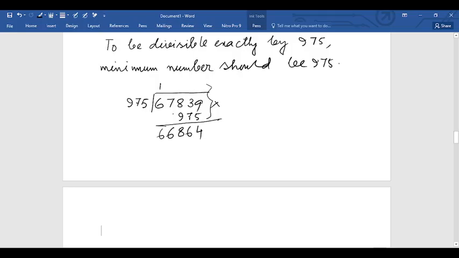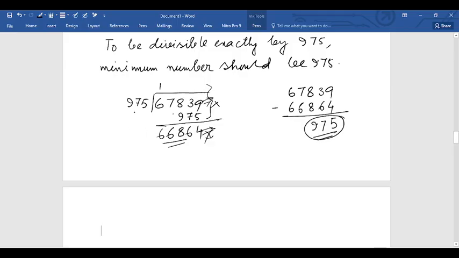If you take away 975 multiplied by 69, this is exactly divisible by 975, and if you remove this number from 67839, the remaining number is 579. That means if you remove this number from this number, then the remaining is 579, which is exactly divisible by 975.